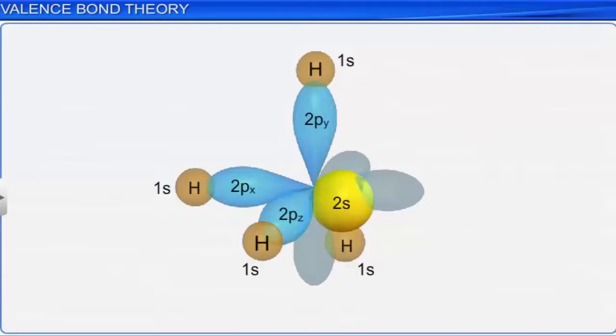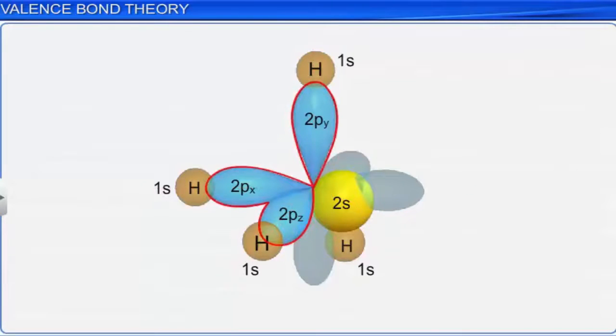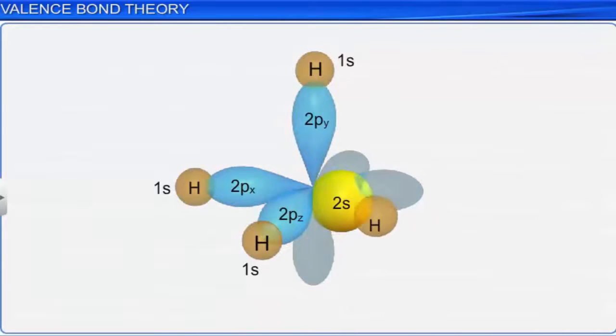We know that p orbitals lie perpendicular to each other. Hence, the three C-H bonds in methane molecule are expected to be oriented at 90 degrees to one another. The 2s and 1s orbitals of carbon and hydrogen can overlap in any direction, since they are spherically symmetrical. Thus, the direction of the fourth bond cannot be ascertained.